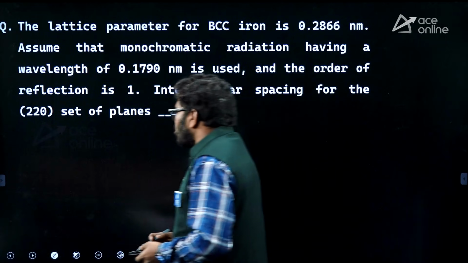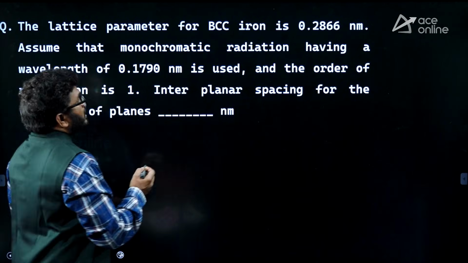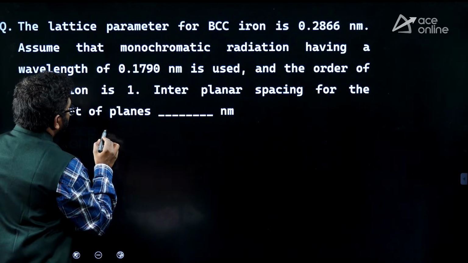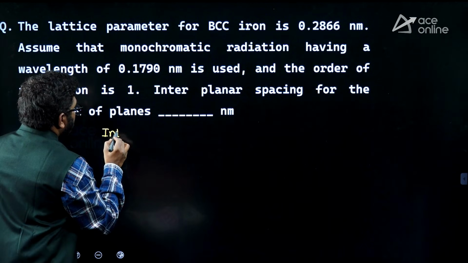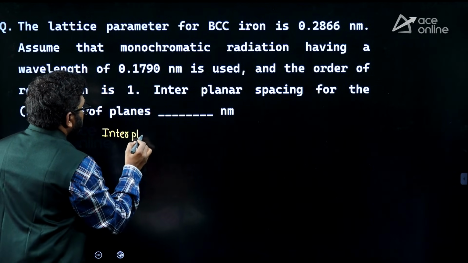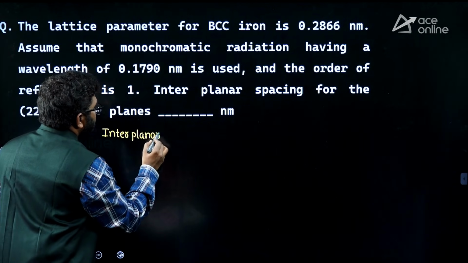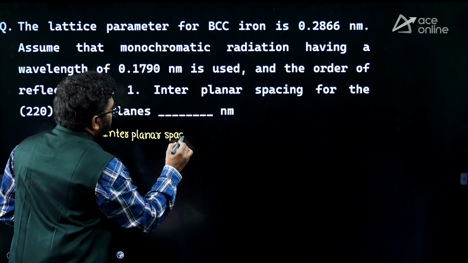See, for interplanar spacing of a cubic crystal, remember the general formula.